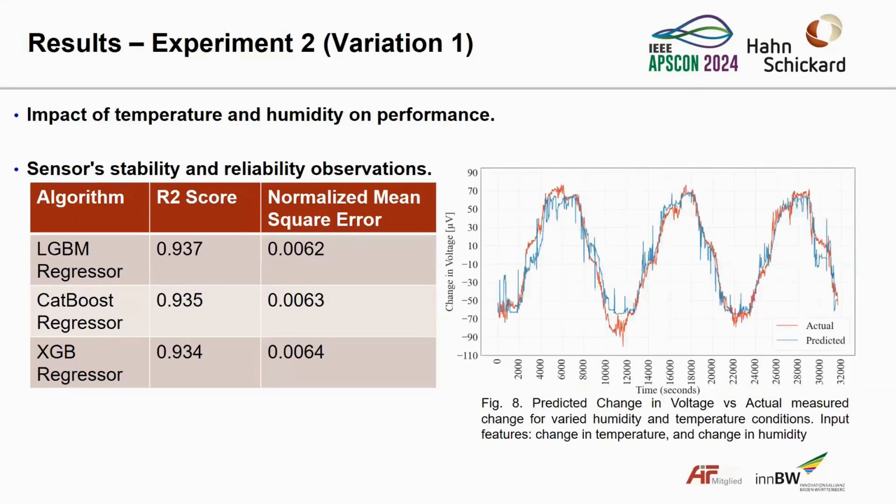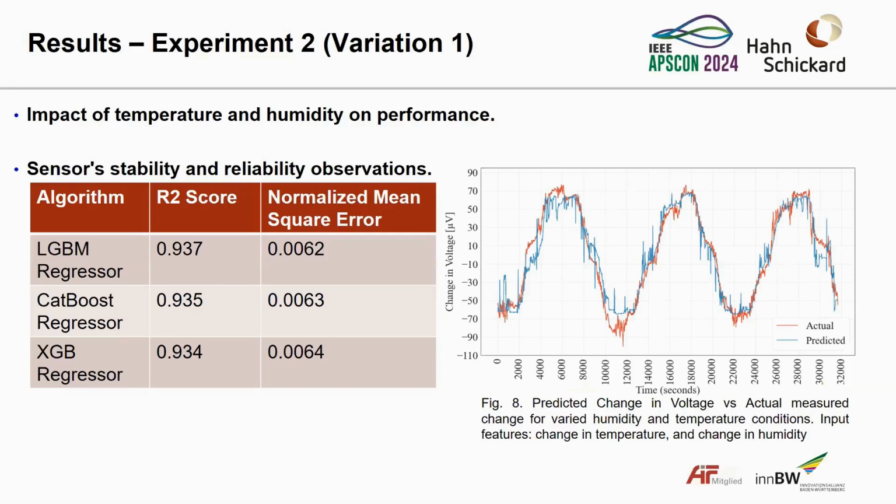And now I come to experiment two. To give you further insight, we conducted two kinds of variations of experiment two. First, we input the temperature and humidity change as the input. That essentially means we give the raw change, and no feature engineering is done except for normalization.